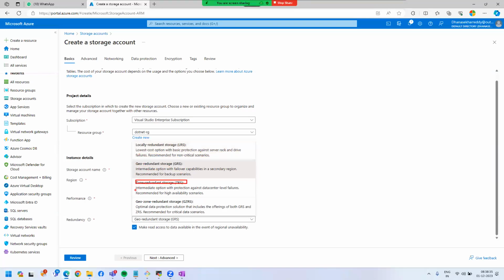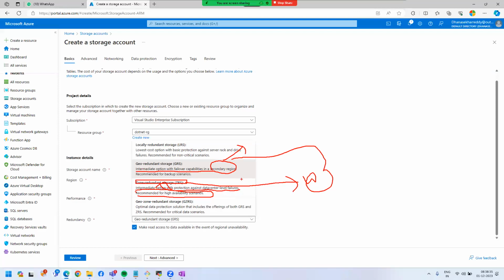Zone in the sense, an intermediate option over LRS. If there are any data center level failures, recommended for high availability scenarios, you can go for zone redundant storage. So maximum will go for this one. Geo redundant means an intermediate option of failover data centers. If one data center fails, your data will be synchronized with the secondary region, and from the secondary region you'll be able to access the data.